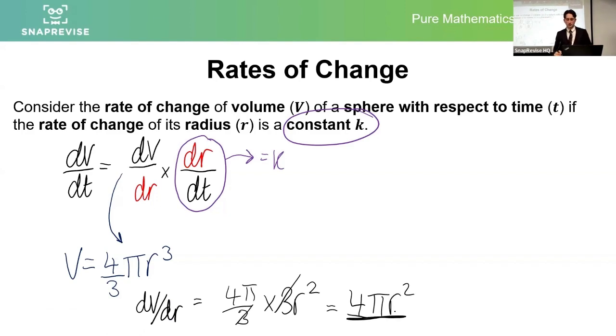Interestingly, notice that the volume of a sphere differentiates to give its surface area, and there are reasons for that.